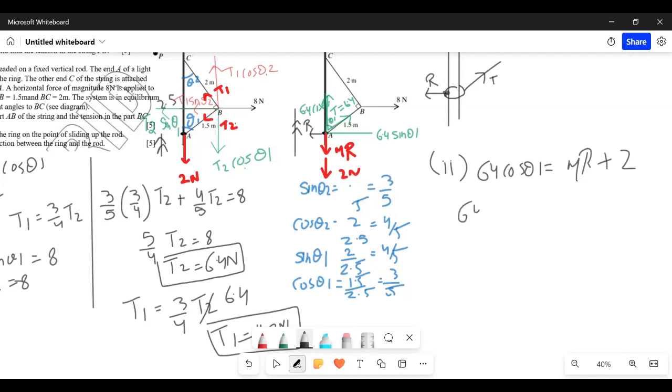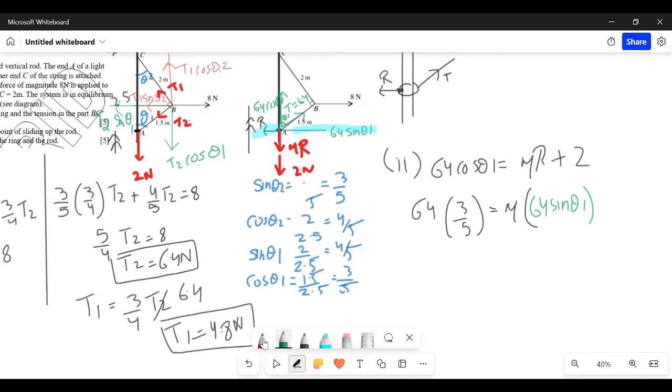So 6.4 cos theta1, cos theta1 is 3/5, is equals to mu. R is the left force, which is equals to the right force, 6.4 sine theta1, plus 2.